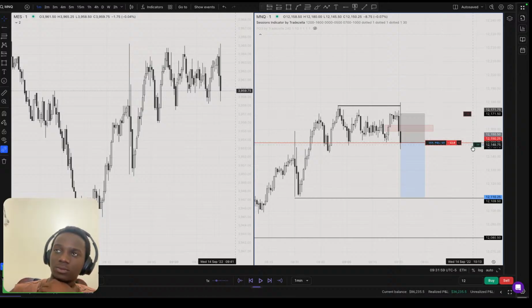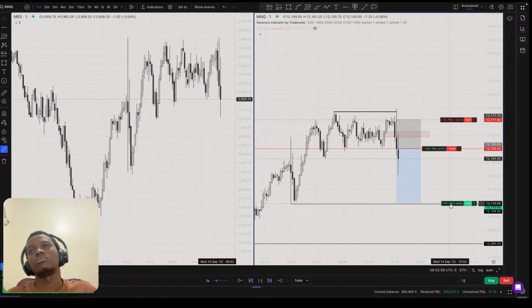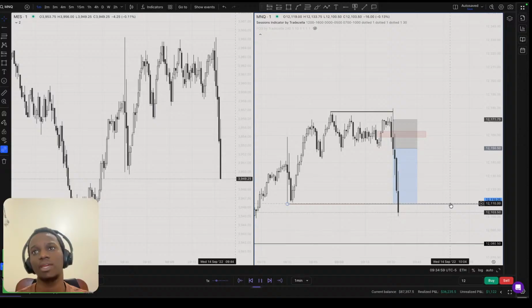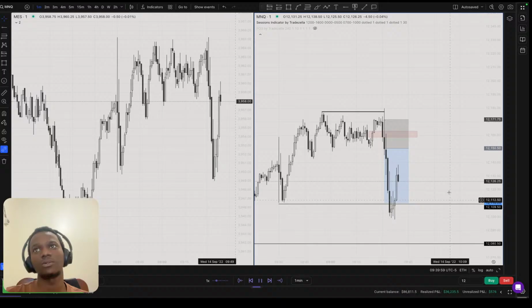My take profit will be here. Banger trade, very good one, right at the open.